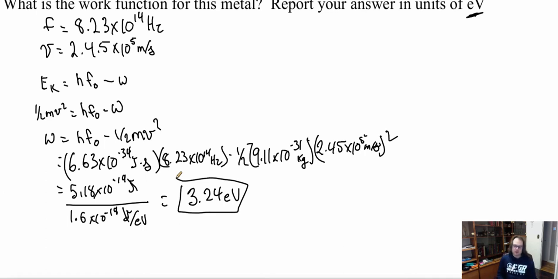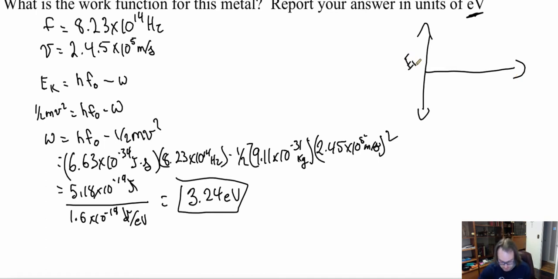Now, if we were to graph this, we get something that will look something like this. Okay, where my y-axis is my kinetic energy, and my x-axis is going to be my frequency.